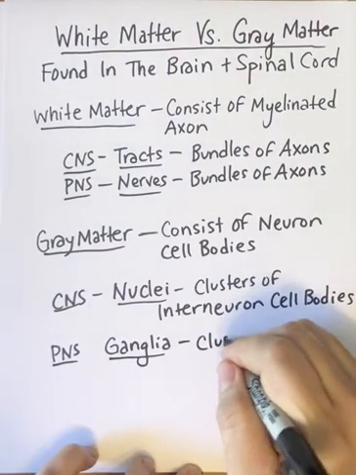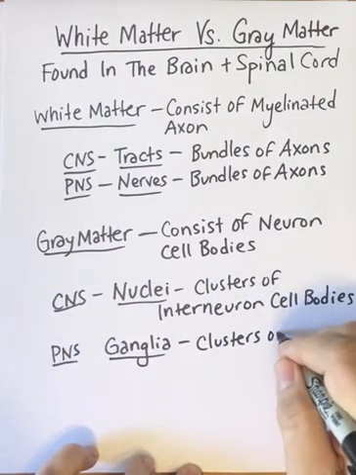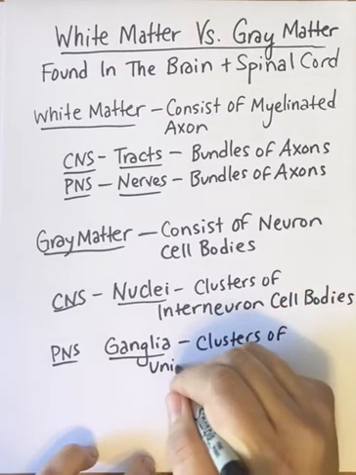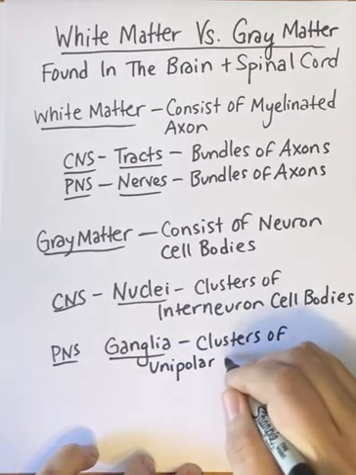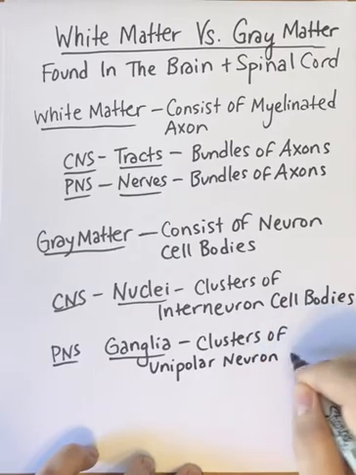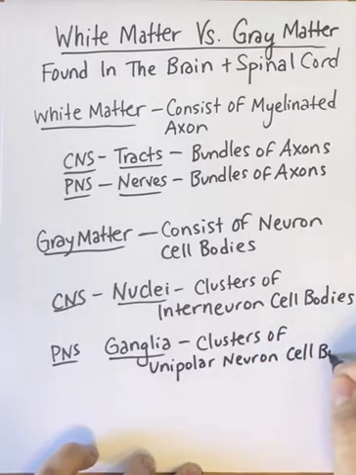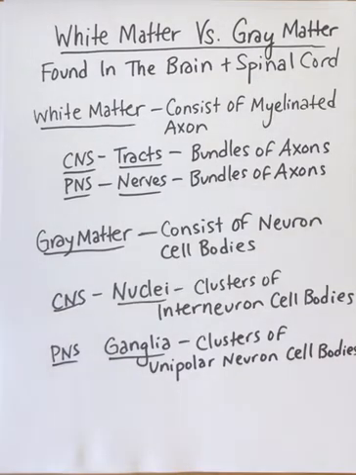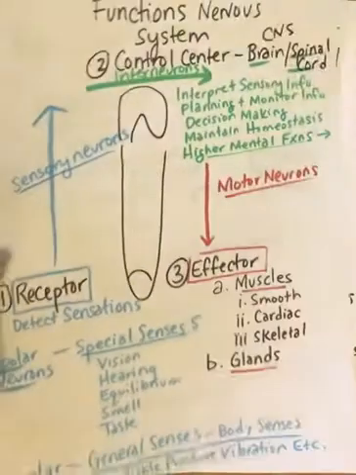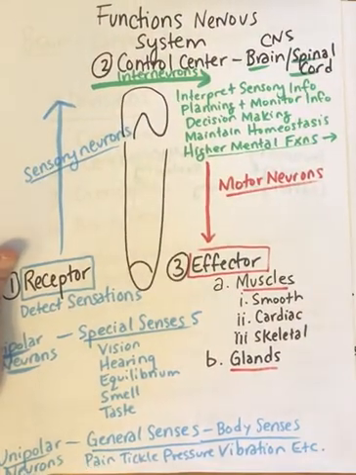So these are going to be clusters of unipolar neuron cell bodies. So we have learned that unipolar is a type of sensory neuron used for special senses. Unipolar neurons.